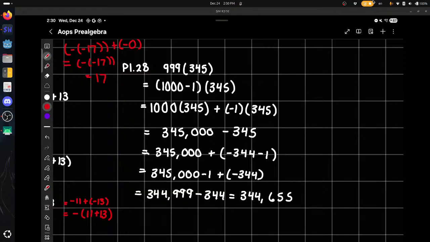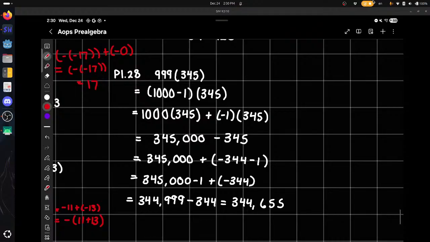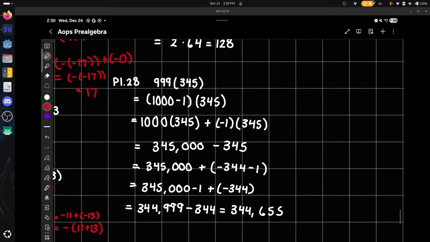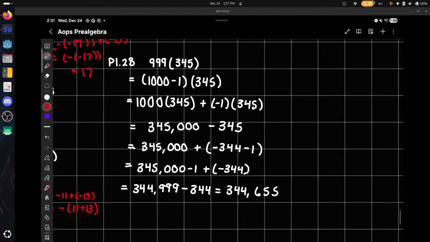Okay. As prompted by the problem, we can write 999 as 1000 minus 1. So we were on the same page until I couldn't figure out how to subtract this big number with this.